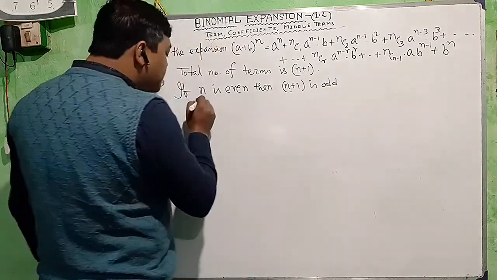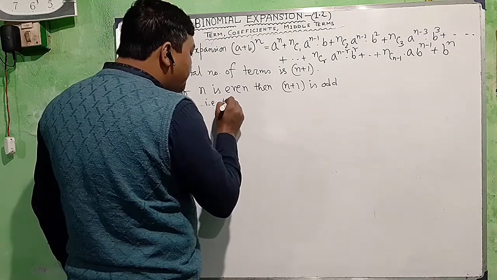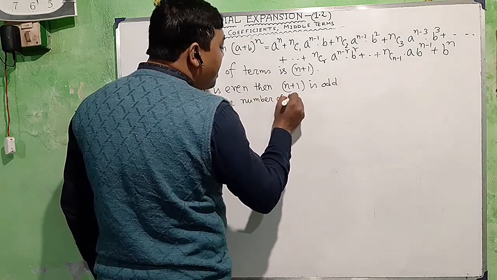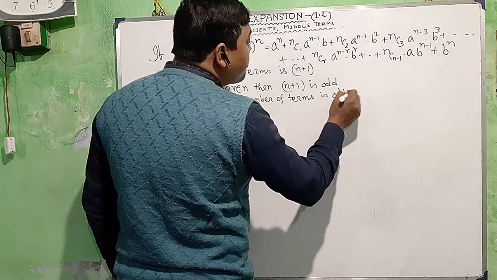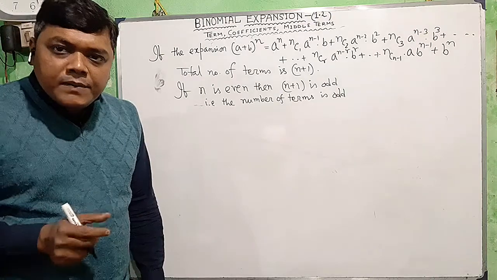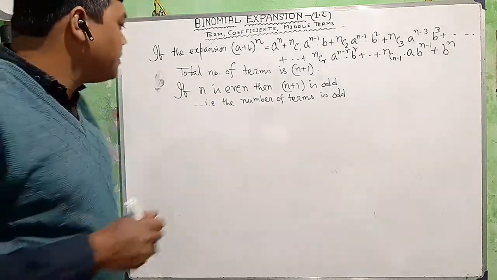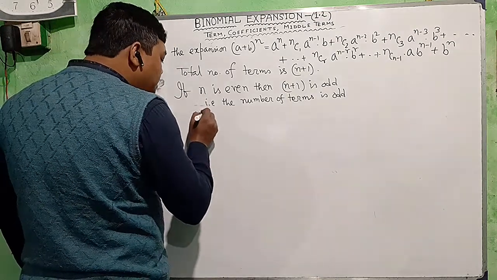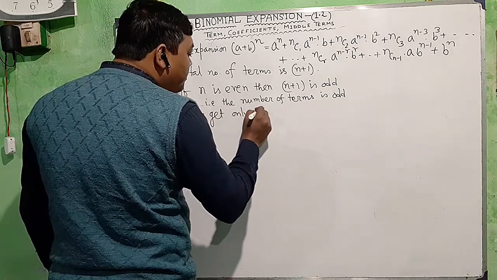So the number of terms is an odd number. We have already discussed a few minutes ago that if the number of terms is odd, then we will get only one middle term.